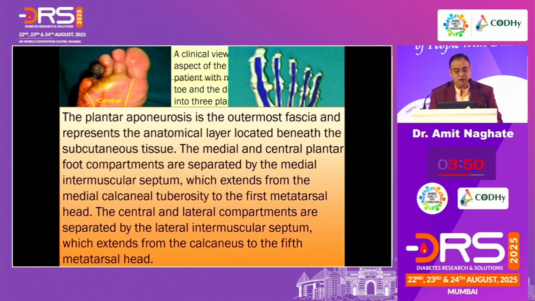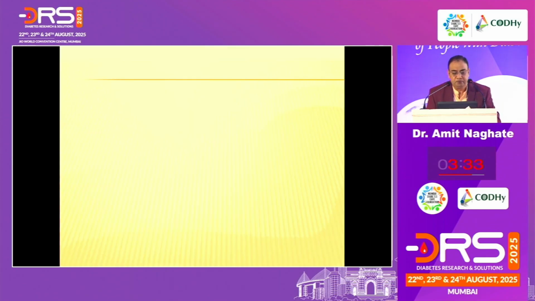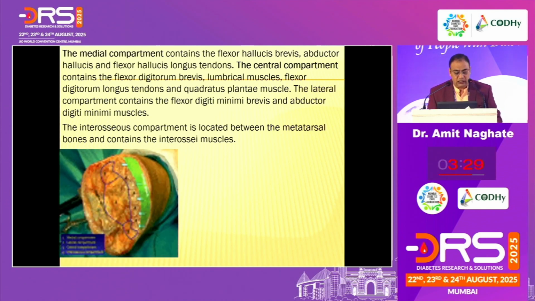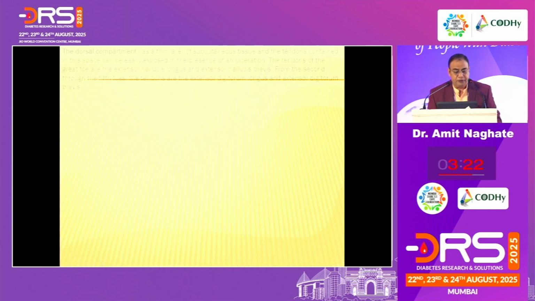The medial and central plantar compartments are separated by the medial septum, which we have already discussed. So infection in these spaces needs to be tackled very carefully. We need to reach the fascia. Just merely removing the unwanted tissue is not going to help. This is the cross-section, where medial, central and lateral spaces have been described.